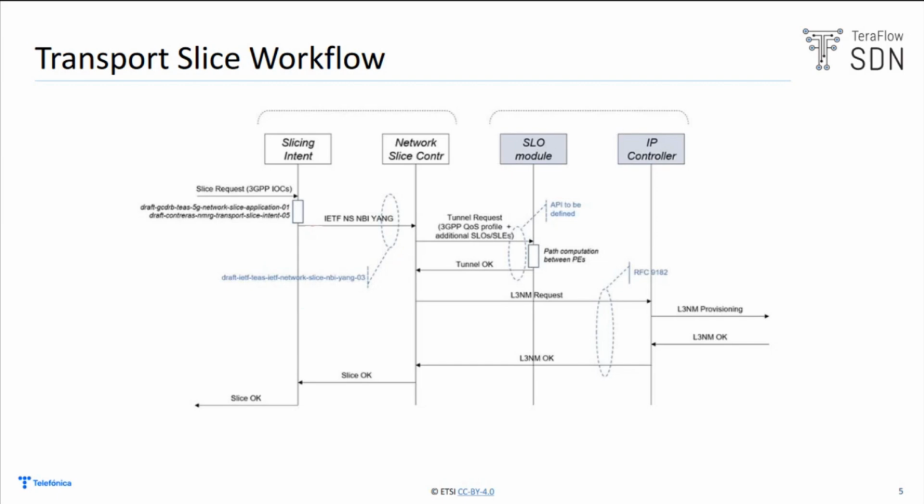The network slice controller needs to ask if it's possible to create a slice or not. So it will ask the SLO module with multi-layer path computation, and we check if it's possible to create the slices via IP topology, or if it's needed to mix IP and optical topologies. If this slice is feasible to create, the SLO module answers yes, and the IP controller will create this slice.